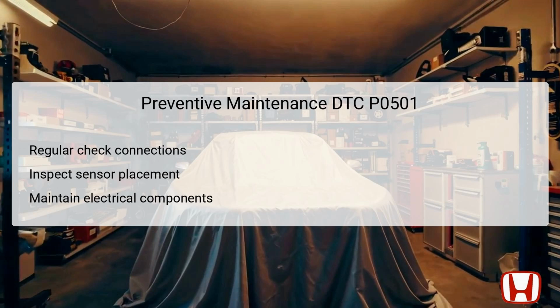Furthermore, maintaining electrical components and ensuring they're free from corrosion aids in greater longevity and performance of sensors. Adopting proactive steps not only improves vehicle reliability, but also enhances driver safety by preventing unexpected transmission behavior.